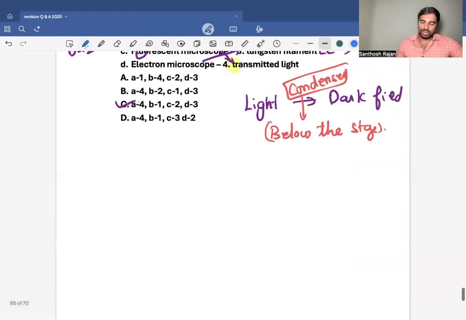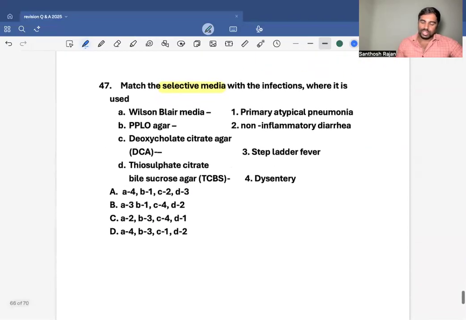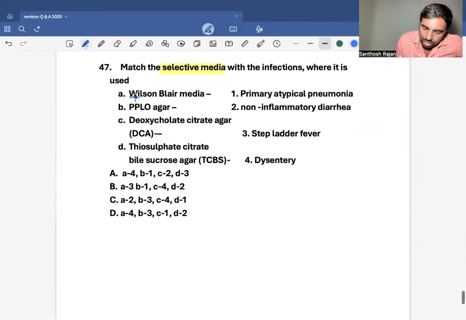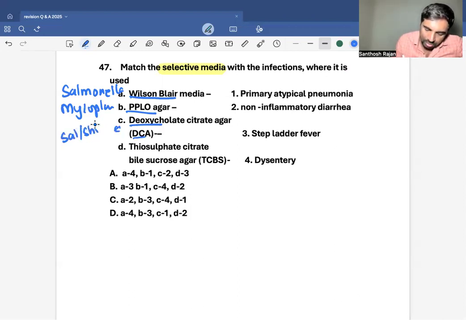Now it has become very easy for you. Wilson Blair media is only for Salmonella, so I'm going to write Salmonella here. PPLO, people's queen, that is Diana, which means Mycoplasma. Deoxycholate citrate can be both Salmonella and Shigella, both are right.